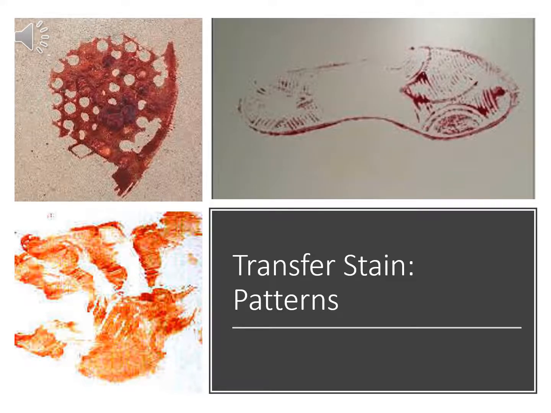Of course, it's never good to have blood stains because that indicates that there's been some pretty violent activity. But one of the fortunate things of a transfer stain is that you might be able to get some patterns out of it. So if we look here, we have a shoe print that we can see based on the transfer stain of the bloody shoe transferring its pattern through the blood stain.